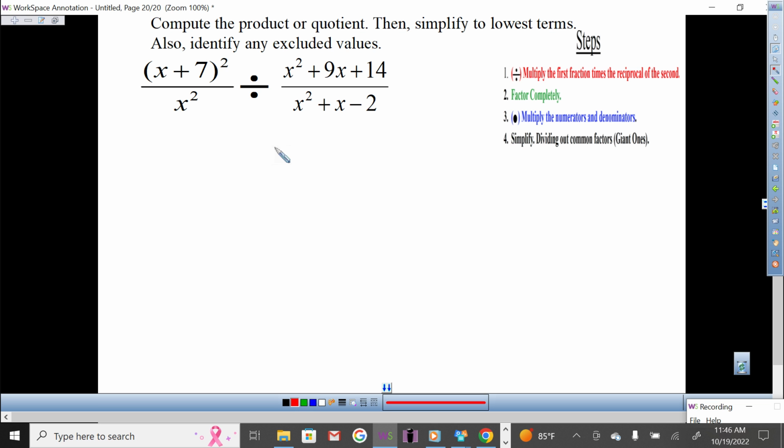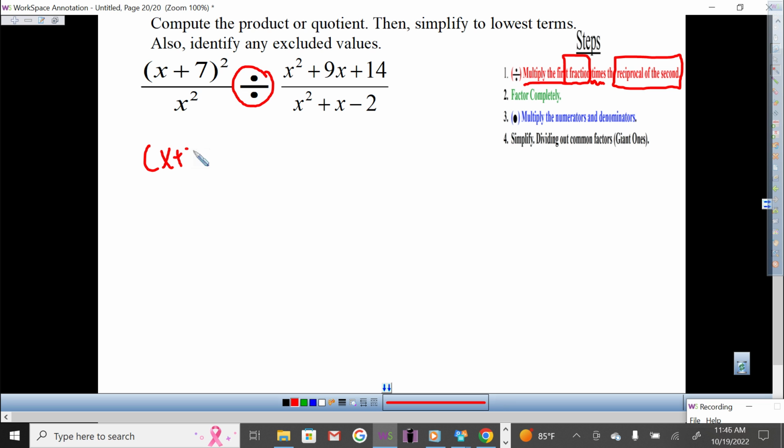Everybody see the division sign right here? Yes? Okay. So it says, for division, you multiply the first fraction times the reciprocal of the second.